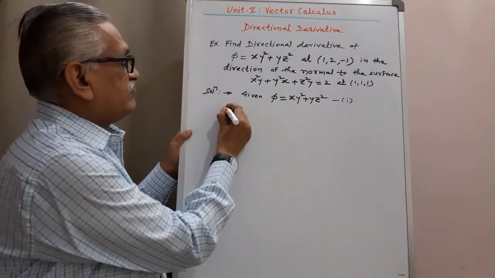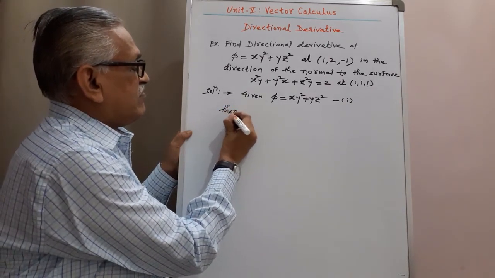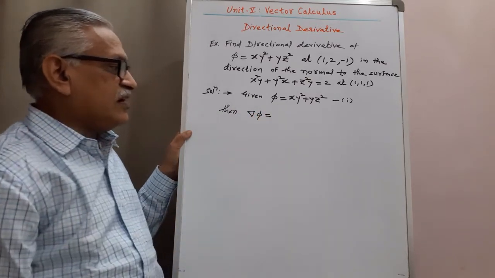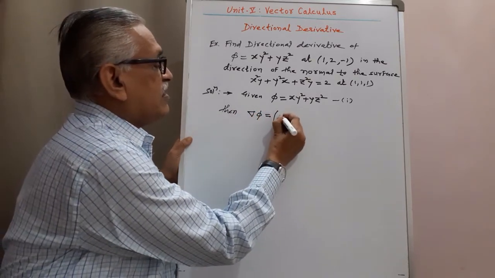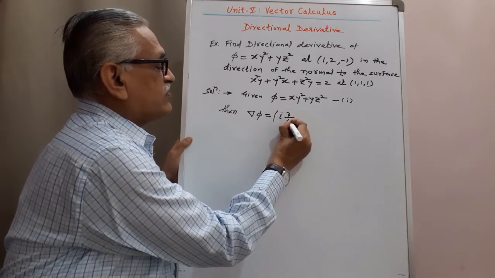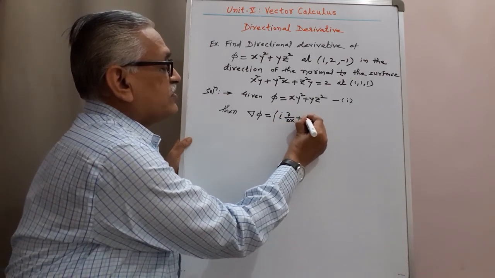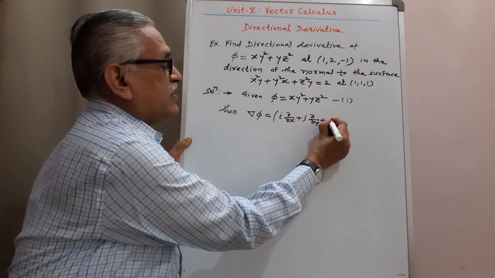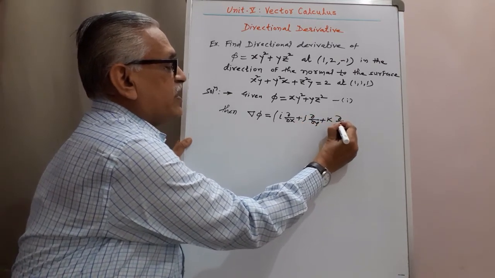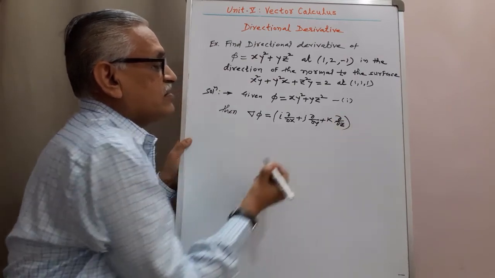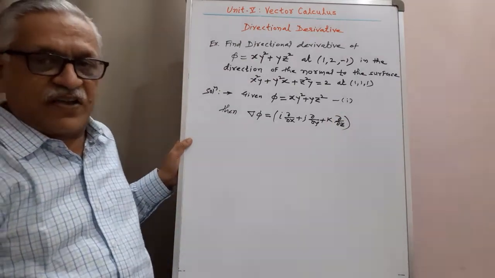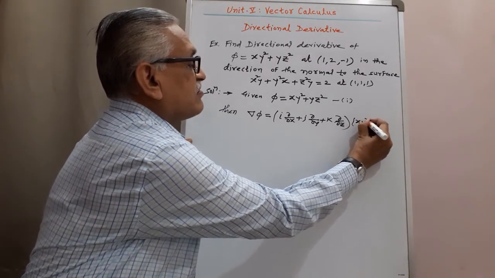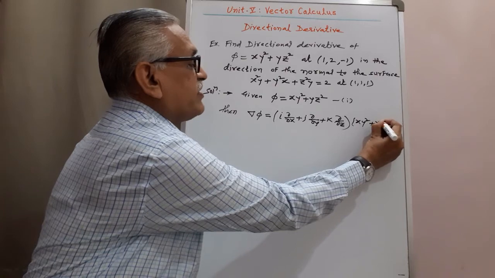Then grad phi, where the del operator is i dou by dou x plus j dou by dou y plus k dou by dou z, operates on phi, which is xy square plus yz square.